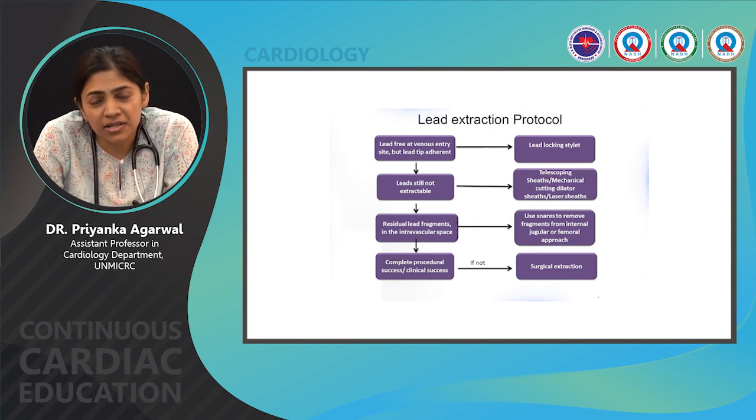We apply counter traction and try to pull the lead. If the lead gets cut or damaged, then we need to use snaring to remove the fragments from the IJV or the femoral approach.